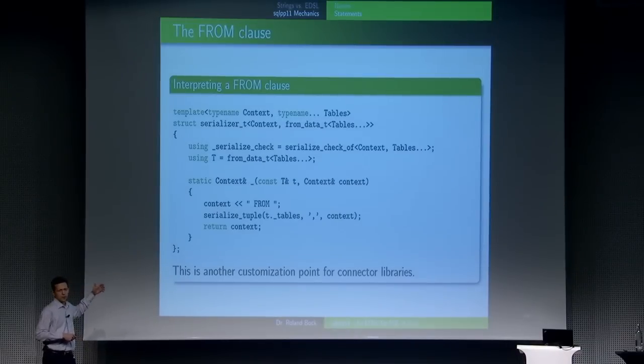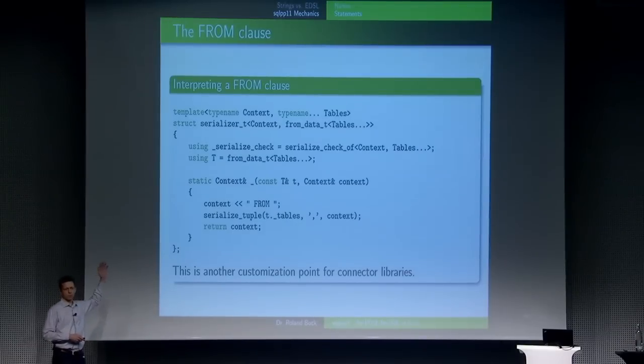Another thing that you can do is you can specialize the way that something is serialized. So, for instance, string concatenation. String concatenation looks quite different in MySQL compared to, I don't know, PostgreSQL or SQLite, because MySQL has the concat function where others have the concatenation operators. But this would be the place.